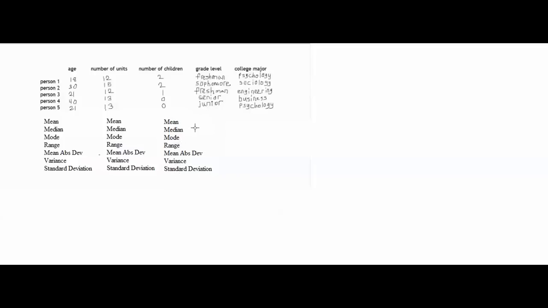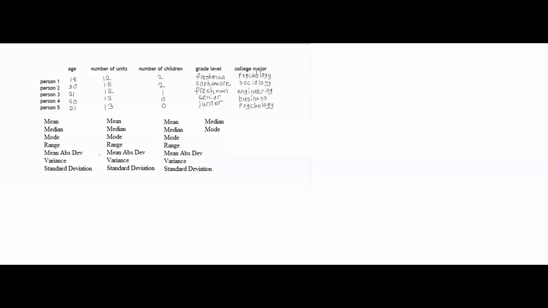So we actually can't calculate these last 4 values. So for this column, we could calculate a median, a mode, and that's all, since it's a column of ordinal data, it's not quantitative.